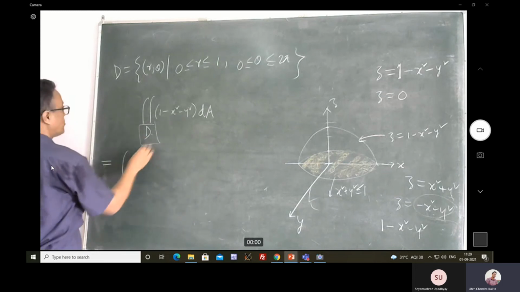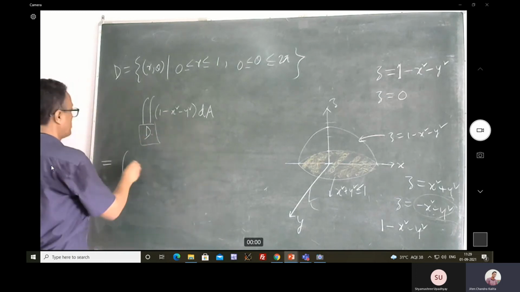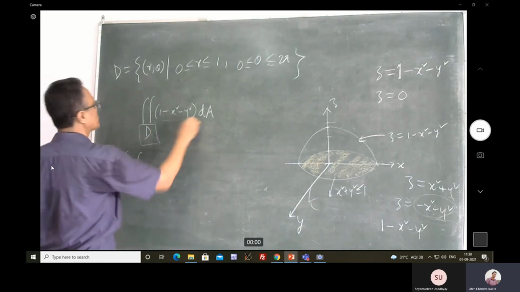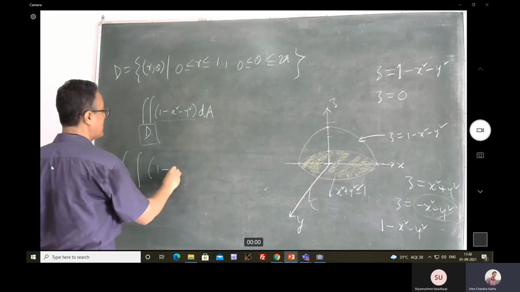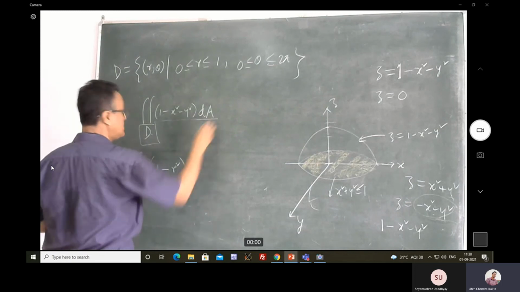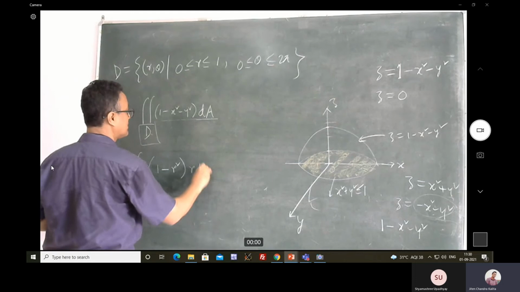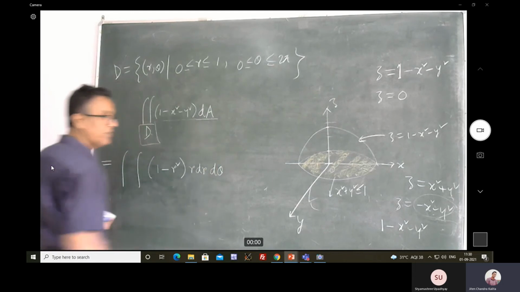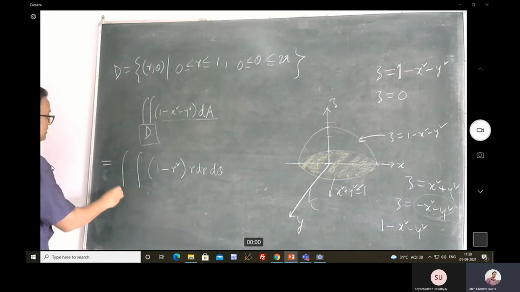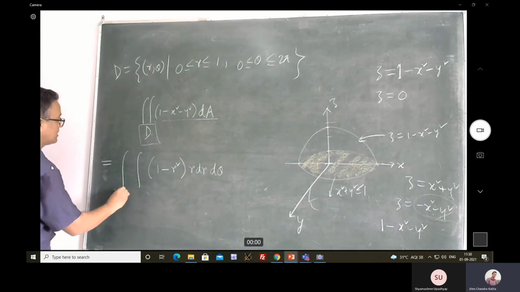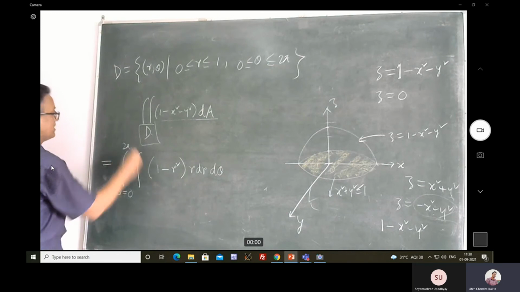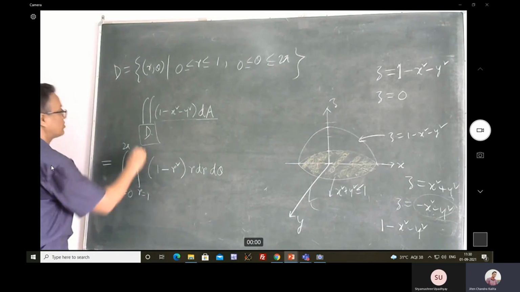Now if I convert it into polar coordinates, it is going to be 1 minus r squared, dA is r dr d theta, and firstly theta going from 0 to 2 pi and r going from 1 to 2.